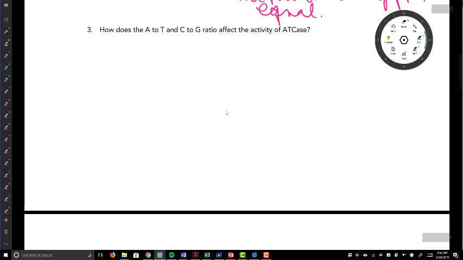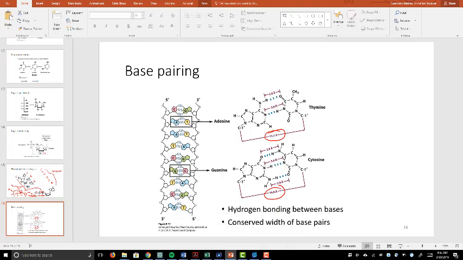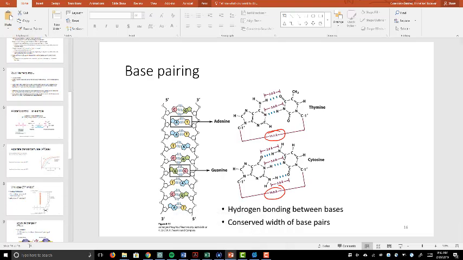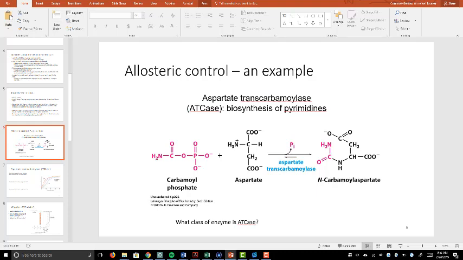So really quick, while you guys are discussing, I just wanted to remind everyone of what ATCase is. ATCase is the enzyme that is the first committed step in the biosynthesis of pyrimidines. So let's chant as a class: which nucleotides are pyrimidines? C and T. Once carbamyl phosphate and aspartate make N-carbamyl aspartate, there's no going back.